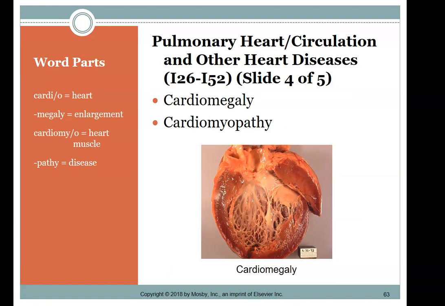Cardiomegaly. Cardiomegaly is the enlargement of the heart. Cardiomyopathy is a disease of the heart muscle, also termed myocardiopathy. Your word parts: cardio equals heart, megaly is enlargement, cardiomyo is heart muscle, and pathy is disease.